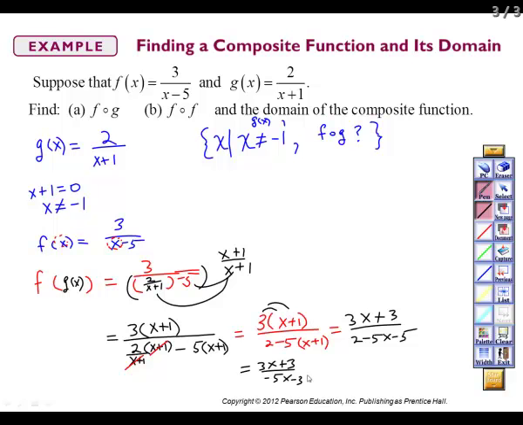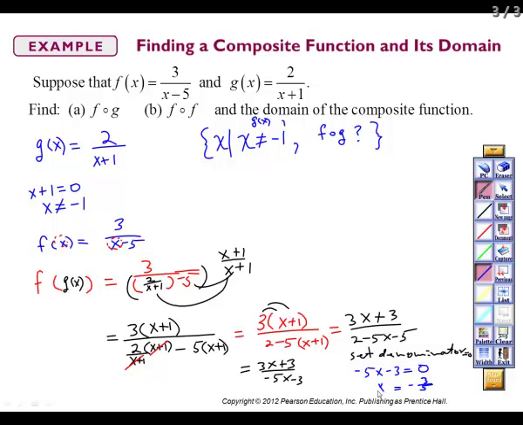Okay, and so now what we do at this point is we're going to set the denominator equal to 0. Now we have to find the domain for f of g. Set the denominator equal to 0, and then solve. So we're taking this negative 5x minus 3, set it equal to 0, add 3, divide by negative 5.